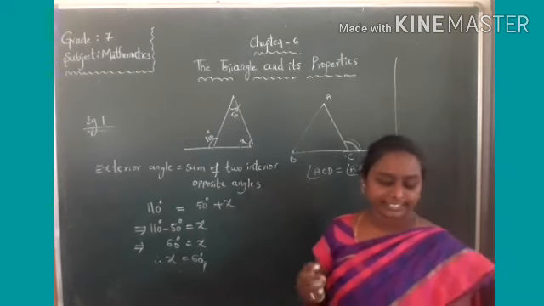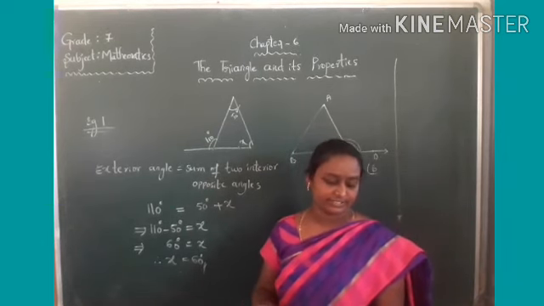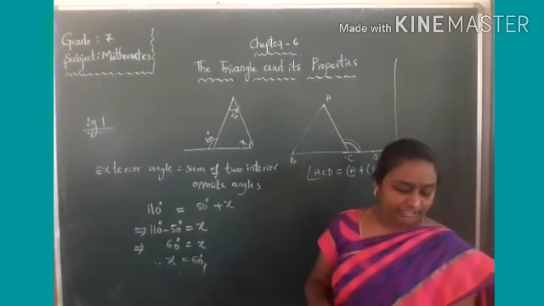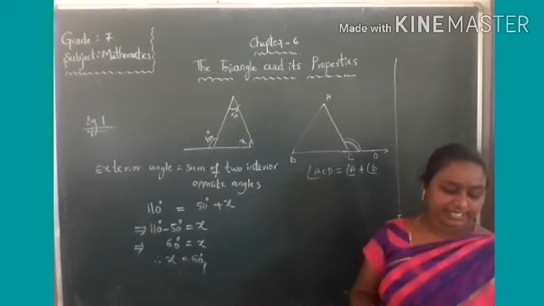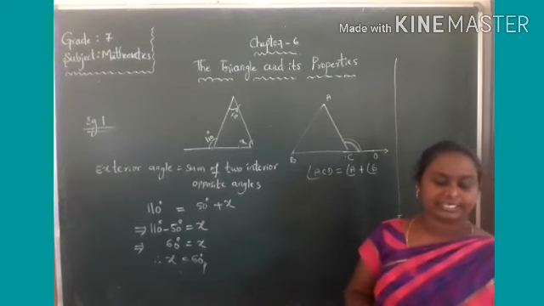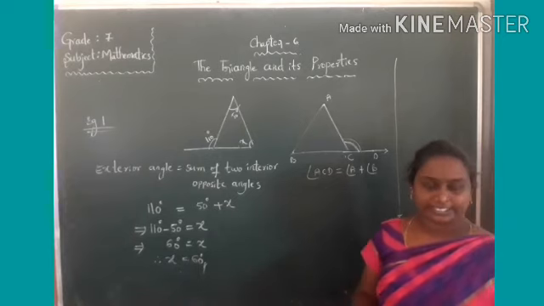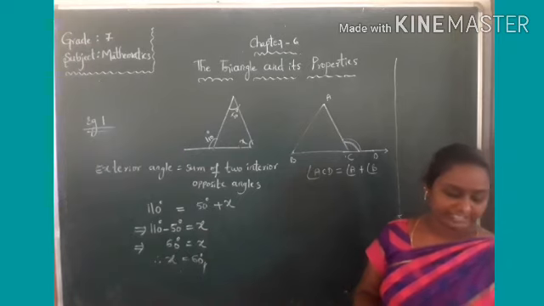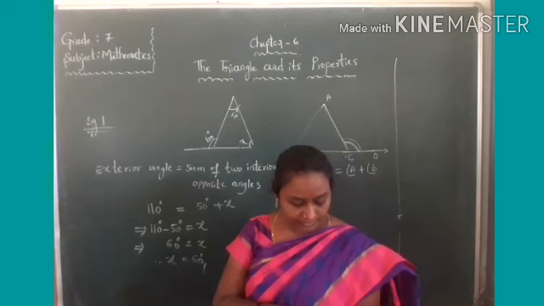You have to think about this and do it yourself. Can the exterior angle of a triangle be a straight angle? Is the exterior angle equal to a straight angle or not? This one also you have to do yourself.